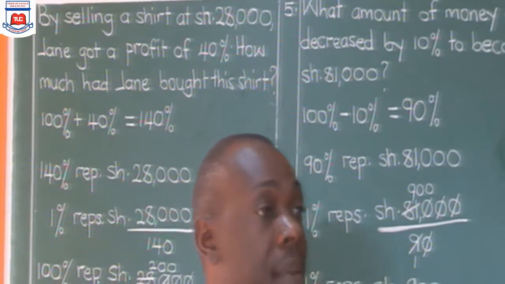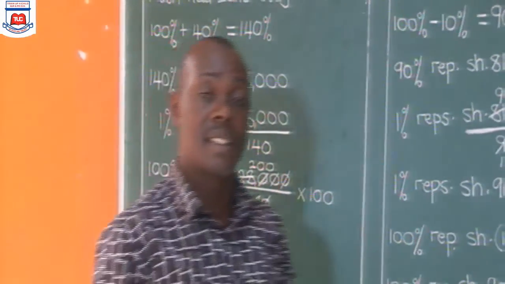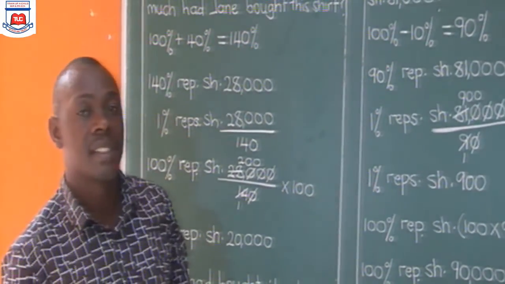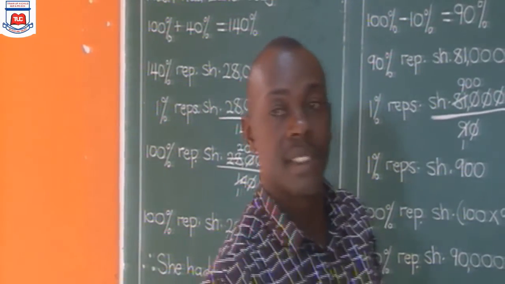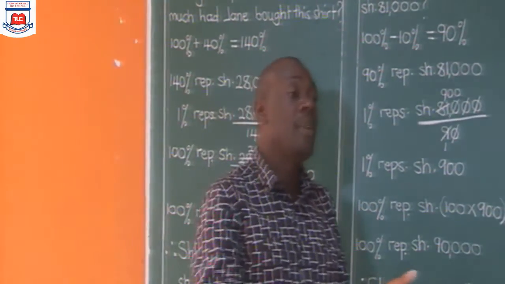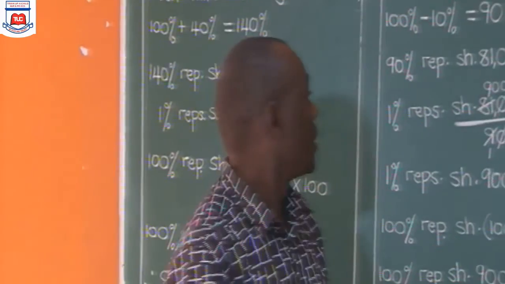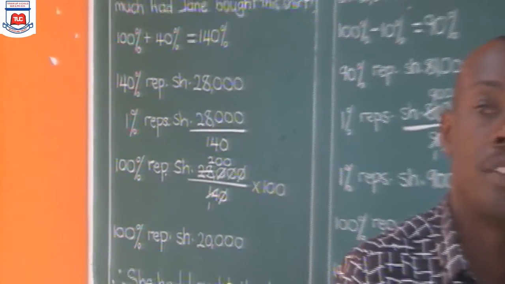It's actually the buying price. It's the original price. So, buying price is the same as original price. It's the same as market price. The same as cost price. So when I say cost price, that means buying price, market price, as well as original price.